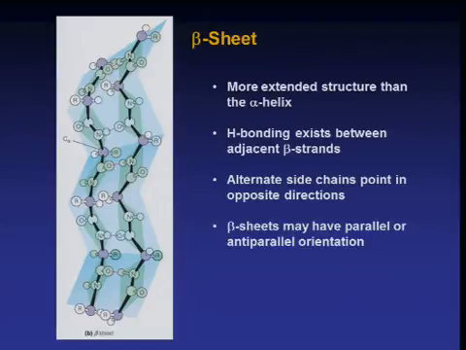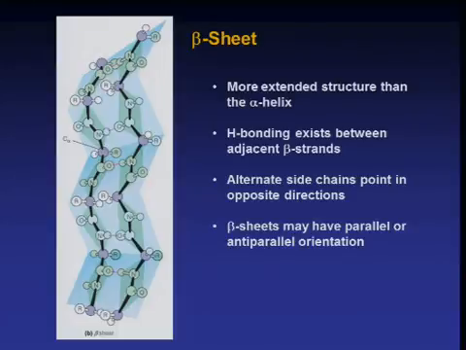So when we talk about a beta sheet, we will talk about a strand. So this would be a two-stranded beta sheet. It's not a two-polypeptide beta sheet, right? If it was two polypeptides, we'd be talking about quaternary structure. These are localized structures, secondary structures. So these are two strands.